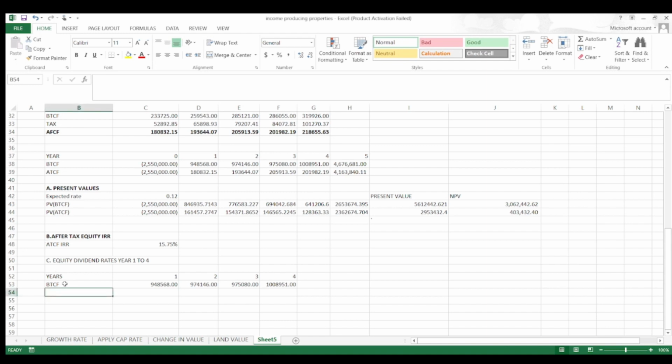So in this case, is equal to the 8.5 million less 12.